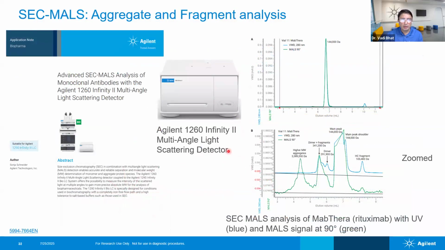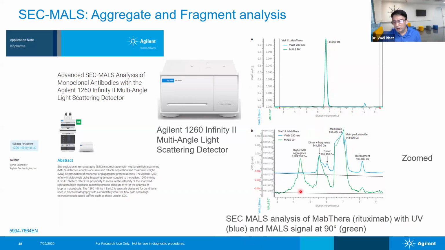This is an example, one of the recent application notes published by us. Here we are using a multi-angle light scattering detector along with size exclusion chromatography. This is showing how a monoclonal antibody called MabThera, which is rituximab, looks. The blue trace is UV based, and the green trace is the light scattering.